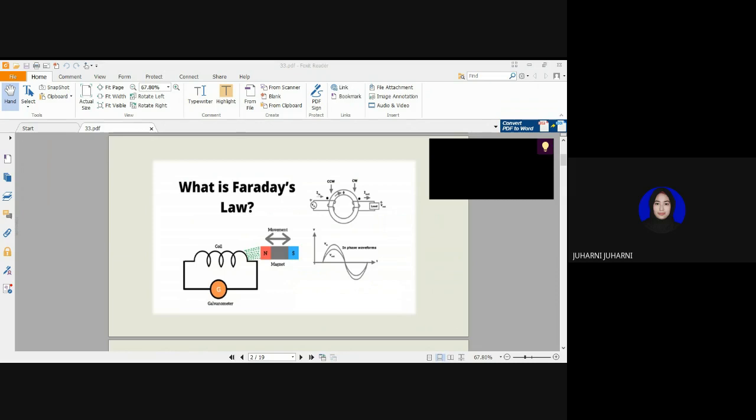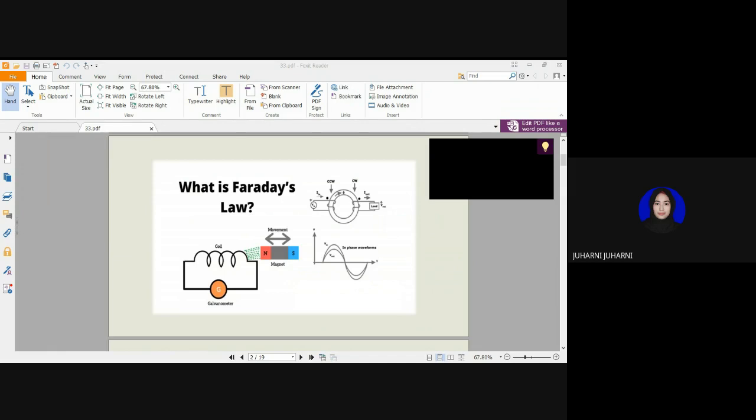This current production in the second windings was due to flux linking coming from the first windings. After that, he found other effects, like transient current in a wire when a magnet comes near the wire. So, in today's lesson, we will look at the applications and some other parameters of this law. So, let's get started with what Faraday's law is.